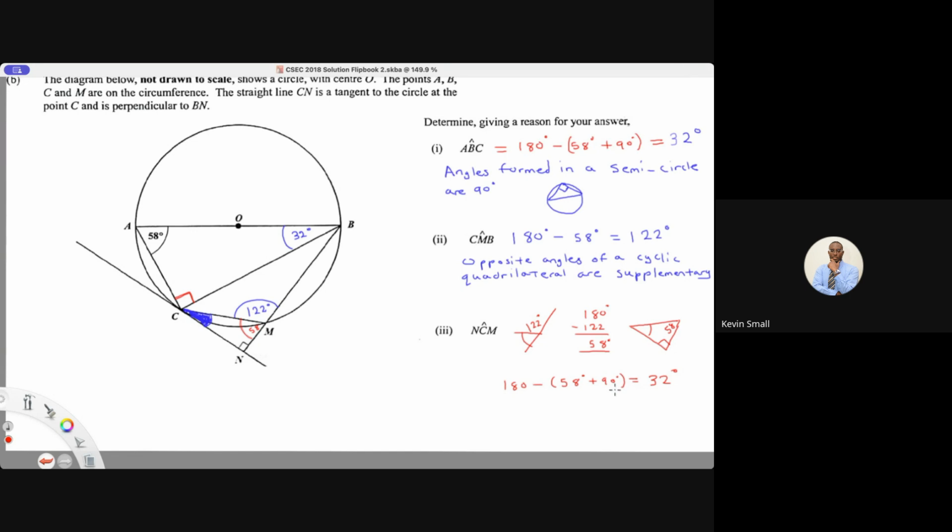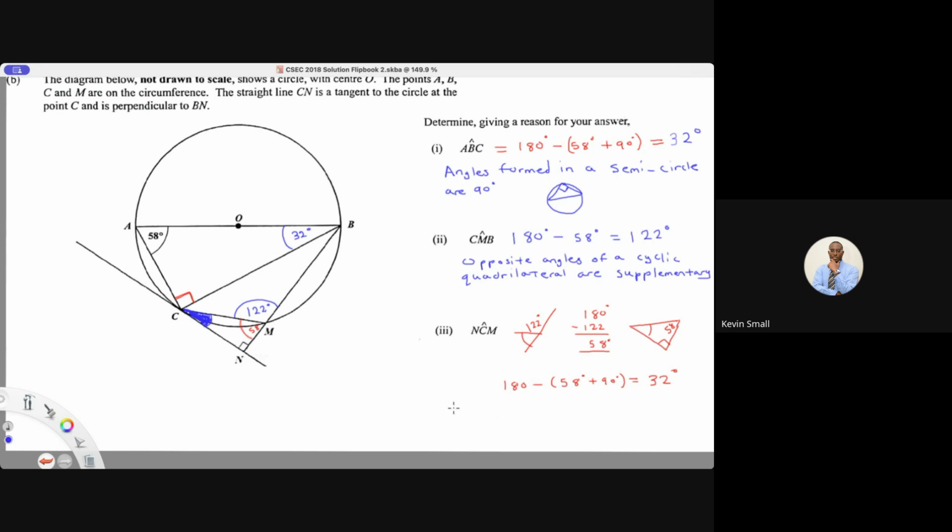Okay, now the reasoning. What reason would you put for this, Keandra? I can't think of any fancy circle theorem reason for this right now. Angles on a straight line equal to 180. That's all I could think of. I don't know if when you finish this video and you check other people that solve it online, they have a different reason. But I can't think of anything else to put besides that.